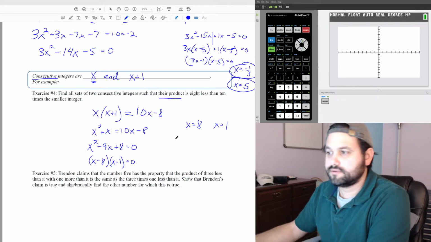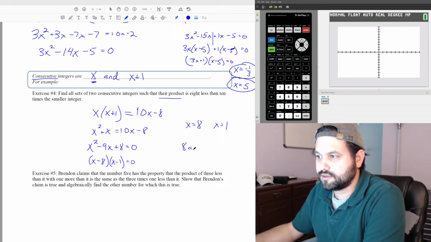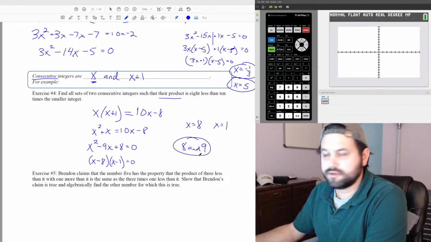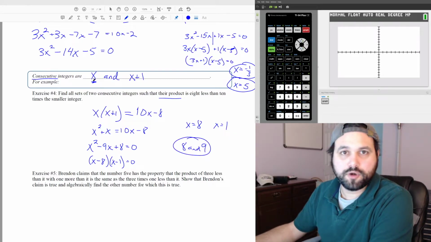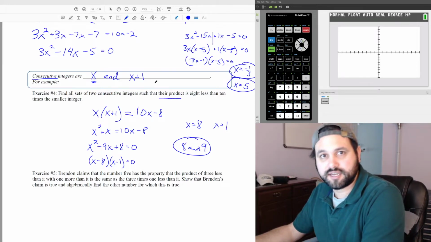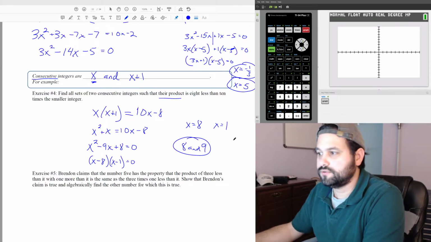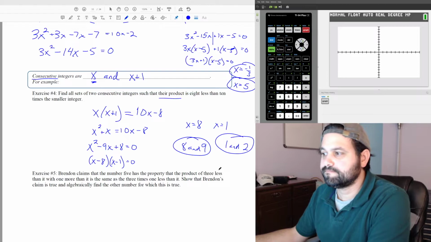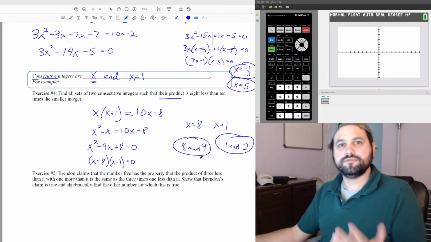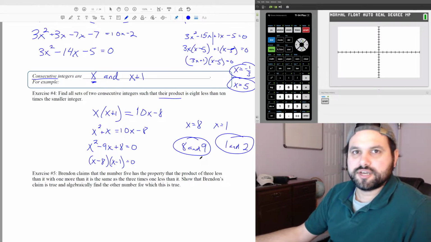Well, 9. So 8 and 9 is one answer. And if x is 1, what's the next consecutive? Well, 2. So 1 and 2. That's the next set of integers. All right, and that's how we do those sort of consecutive integer type problems.